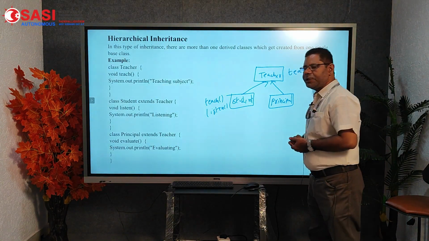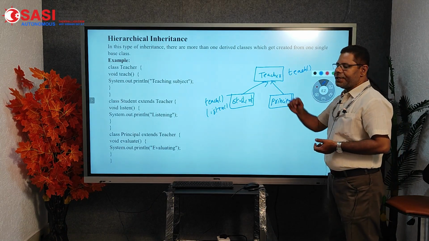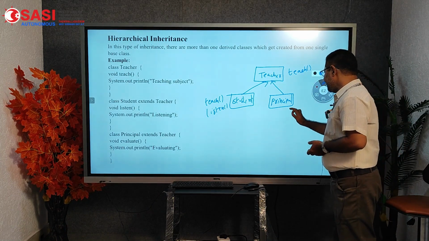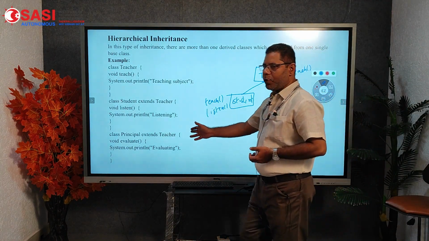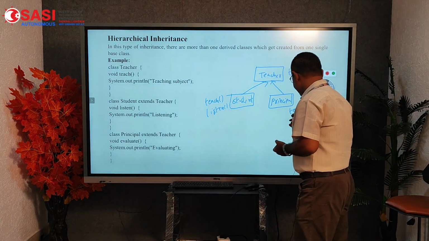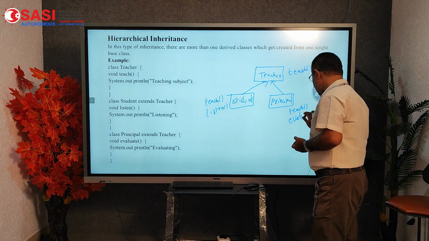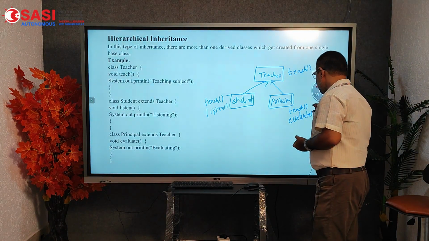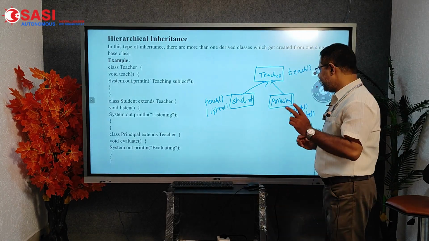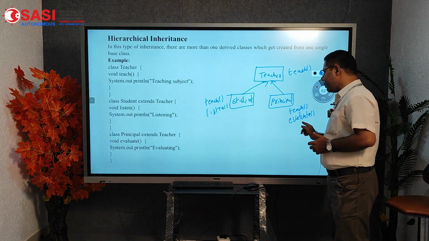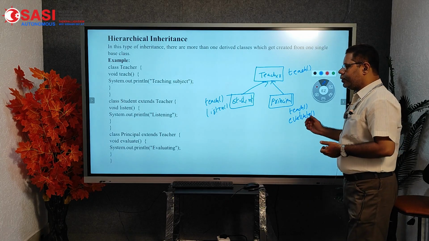So now the principal class can access the teacher class properties, that is the teach method. Now we are writing its own method, that is the evaluate method. So the principal class can access two methods. One is the teach method, another one is its own method, the evaluate method.